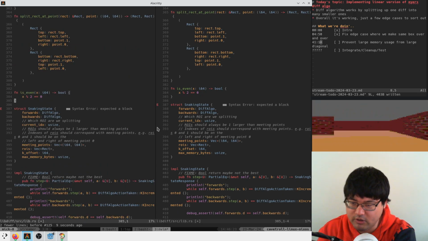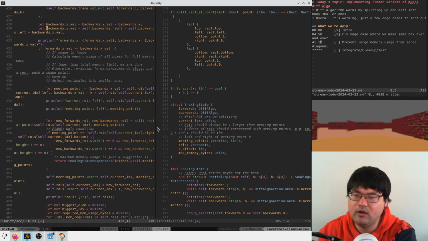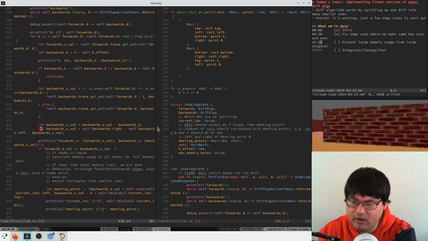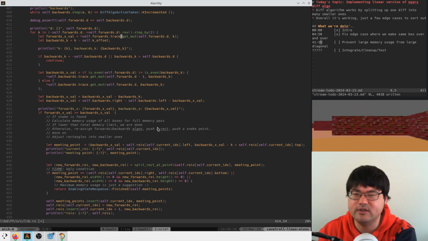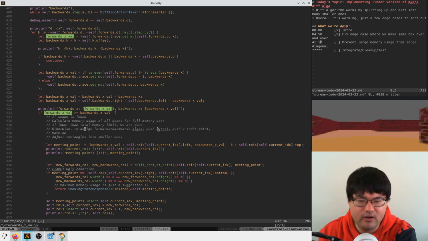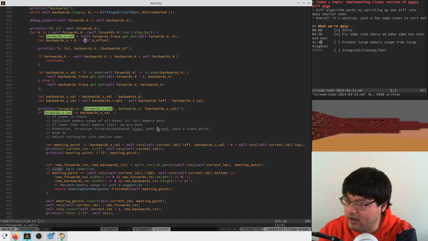What are we even trying to do here? We're trying to resolve X and K into a Y. So where does the forwards X value come from? He gets this forwards value, and why doesn't he adjust it for the current ROI?